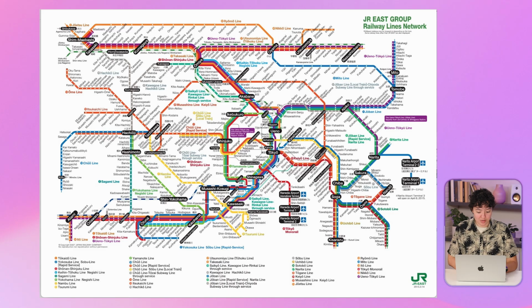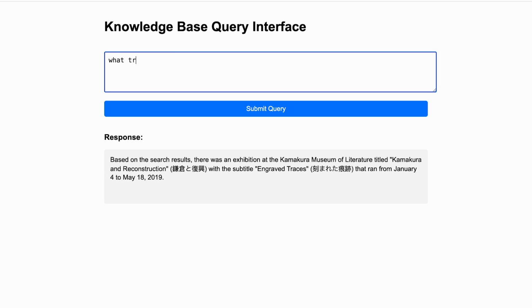One last thing I'll show here. I mentioned earlier there was that gnarly transit map that I'm showing again here. It's pretty hard to understand where all the stations are, or perhaps even where our particular transit stop is amongst the various transit lines. So, what if I were to ask something specific, like what transit line is the Ikebukuro station on?